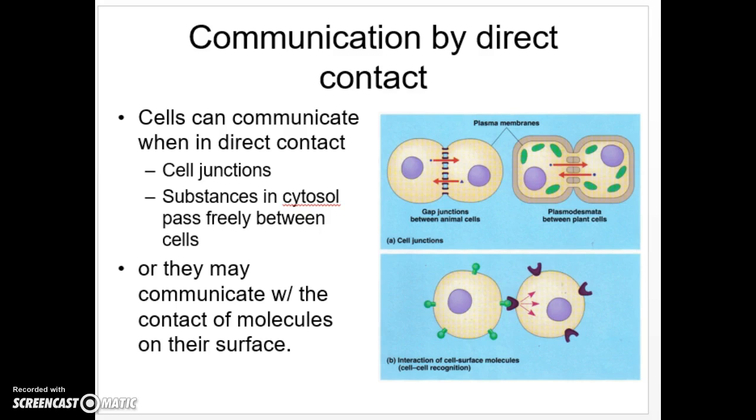Now, another type of junction that can occur is called a tight junction. That really is not so much a communication type of junction. It has more of a functional reason for existing. A tight junction is when adjacent cells are so close together, they actually end up limiting the passage of molecules or ions between them.